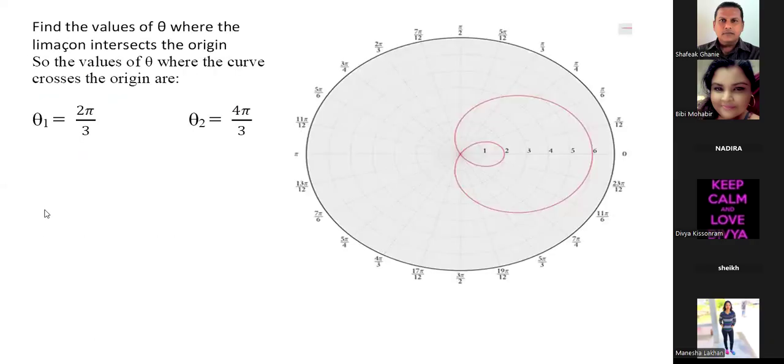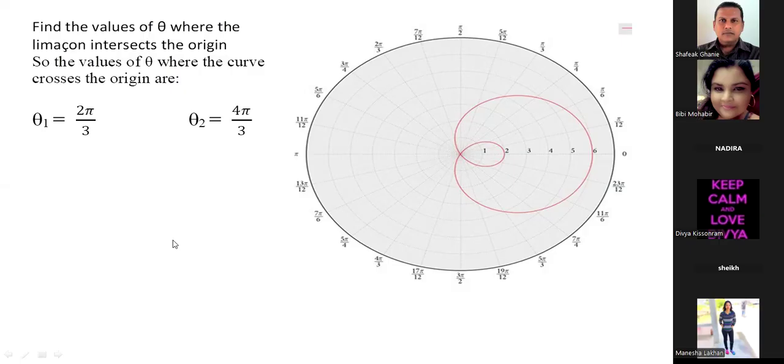Now, you have to find the values of theta where the limaçon intersects the origin, so we can integrate after. The values of theta where the curve crosses the origin are theta 1 is 2 pi over 3 and theta 2 is 4 pi over 3. Now, I don't know how many people can see here. This is where it intersects the origin.